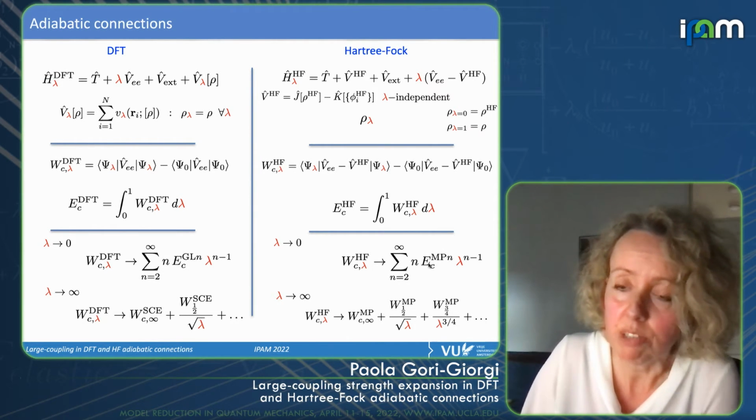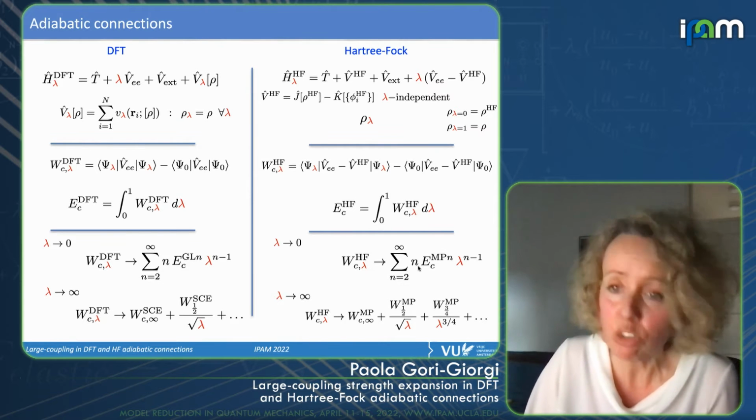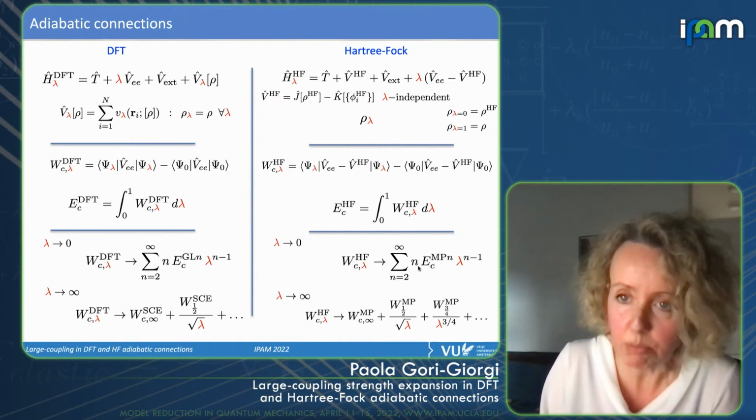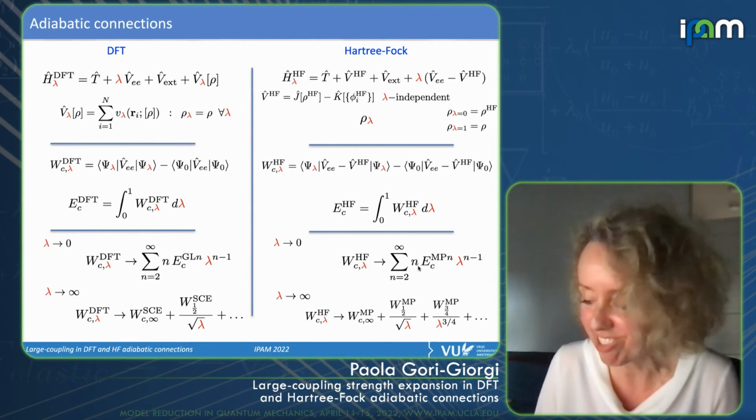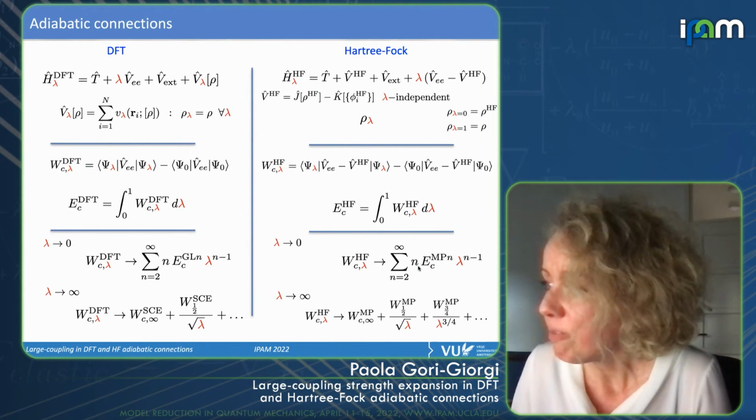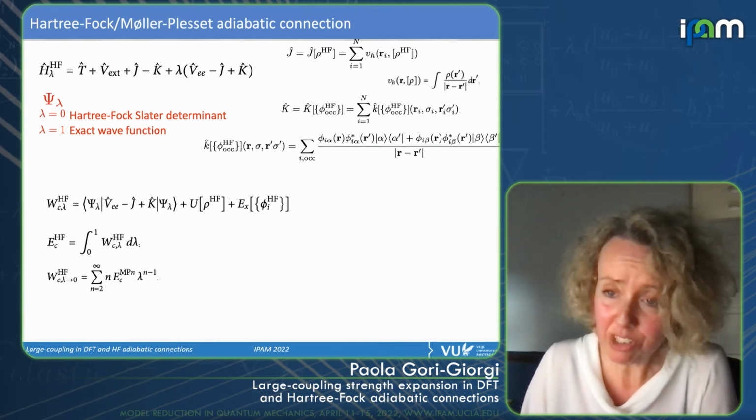So it looked much more promising to do something like this, but I admit it was purely motivated by this observation that it worked so well. Okay, so that's what we did next.